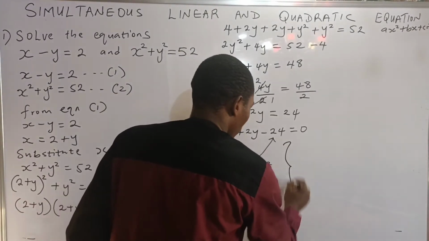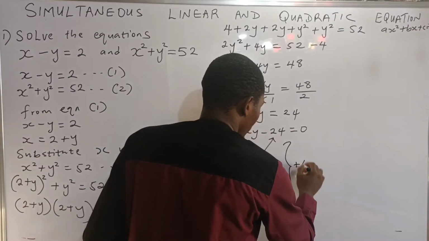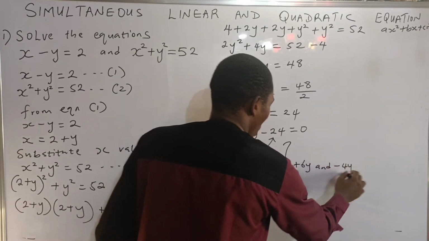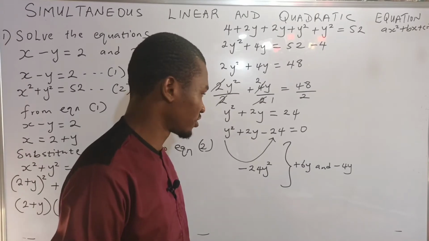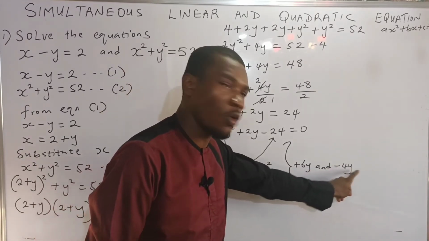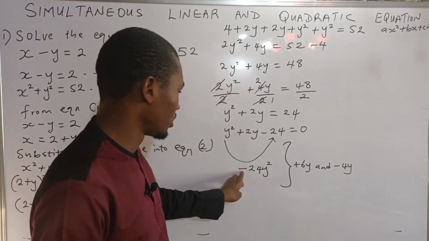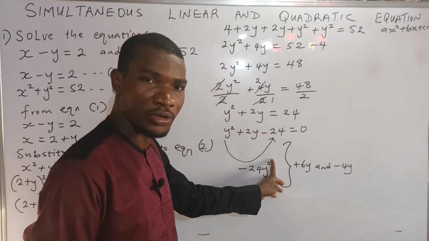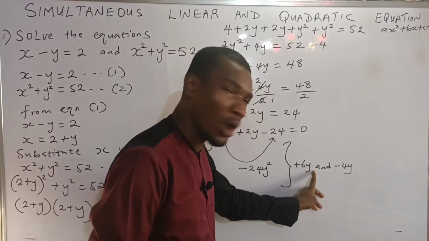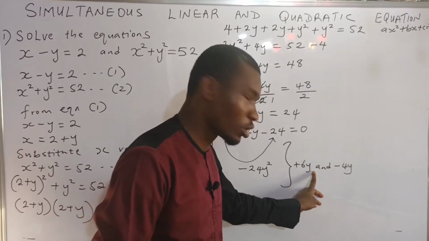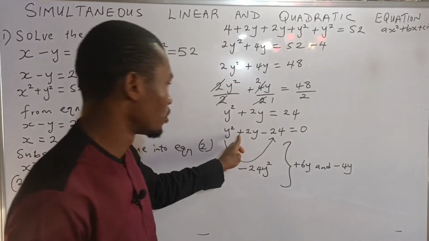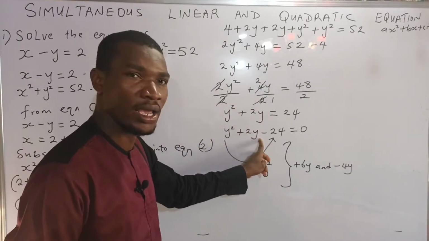Let's take the factors positive 6y and negative 4y. Obviously, you can see that positive 6y multiplied by negative 4y will give us negative 24y raised to the power of 2. And in the same vein, positive 6y plus negative 4y will give us positive 2y.